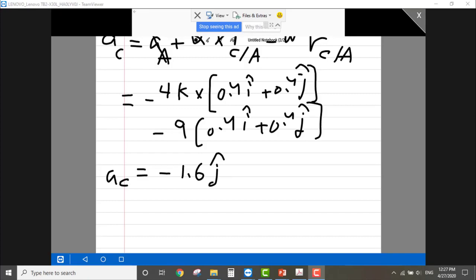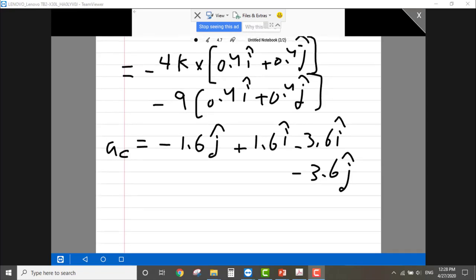Now k cross product J is negative, we have negative, then positive 1.6 I. And the direction for the rest is as is. So minus 9 multiplied by 0.4 is minus 3.6 in the I direction, minus 3.6 in the J direction.